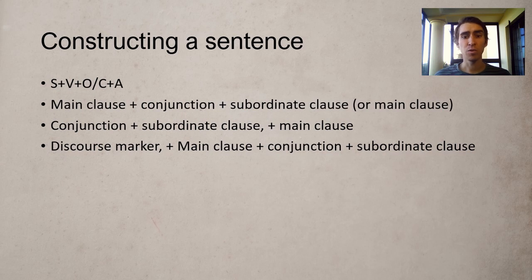And if you're wanting to create more complicated sentences than just a straight clause, then you're going to have your main clause, a conjunction, and then a subordinate clause. Or you can have a main clause if you want a compound sentence. You can also play around with that sentence structure a little bit and switch around the clauses and have the conjunction and the subordinate clause first, followed by a comma, and then a main clause after that.